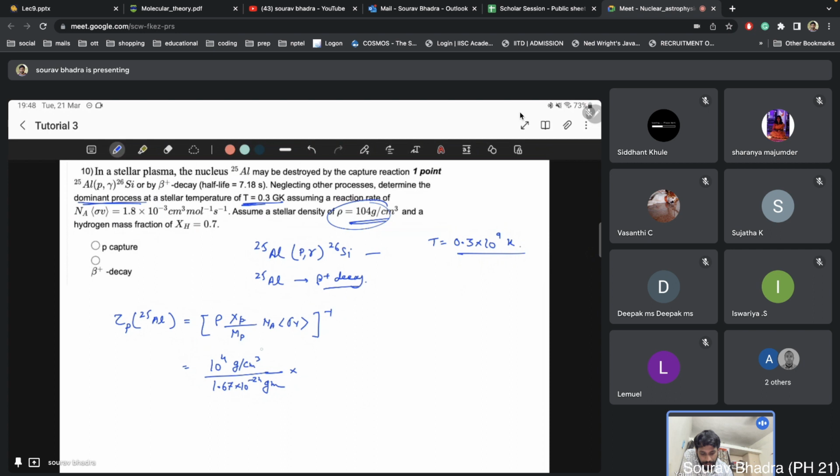I have put Xp, which is given as 0.7, Xp or XH, hydrogen or proton, same thing, 0.7. Na sigma v is also given, it is 1.8 times 10 to the power minus 3 cm cube mole inverse second inverse, and if you do it you will get the answer in mole. Just to convert it, divide by the Avogadro number.